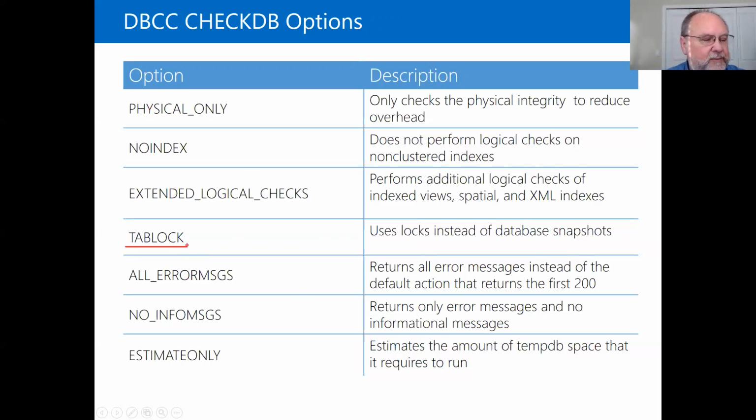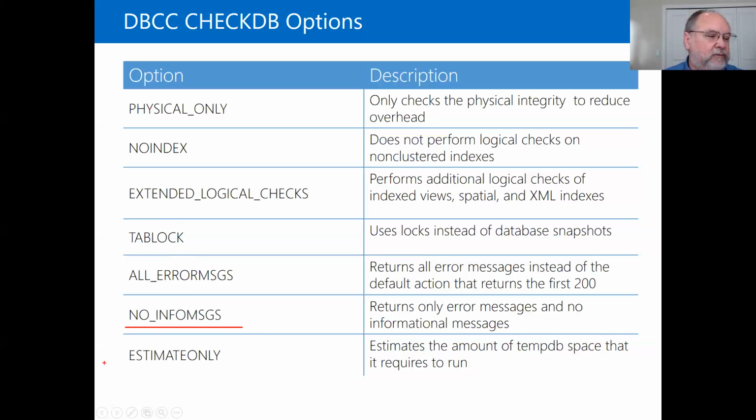Another option you might have is to tell it to do no info messages. When dbcc checkdb runs, it tells you everything that's okay. And quite honestly, I don't care. If it's okay, I don't really worry about it. So you see multiple pages worth of screenshot of everything that's okay.